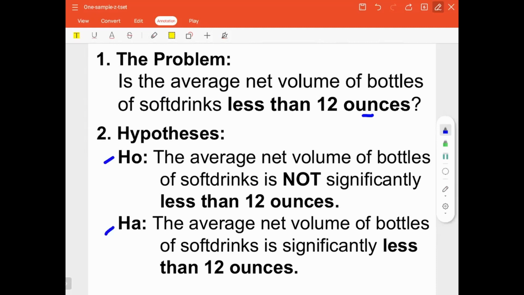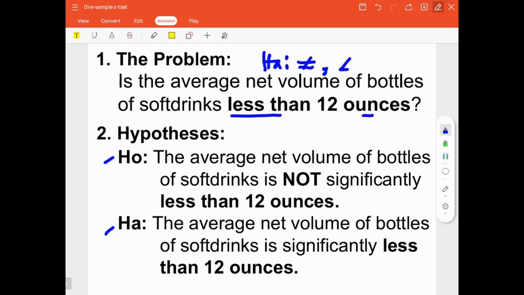So once again, tingnan natin kung less than ba yan, greater than, less than or equal to, greater than or equal to, and the other symbols, equal or not equal, as our basis to come up with our HO and HA. Bear in mind, I repeat, yung HA will always be adopting any of these three. Pwedeng not equal, so that will be for the two-tailed test.